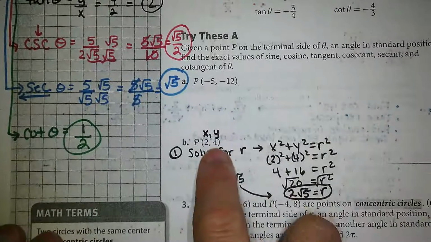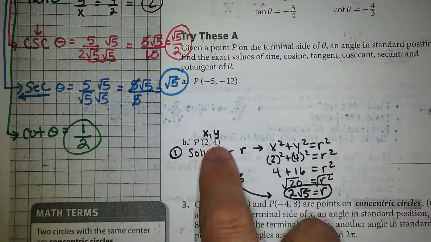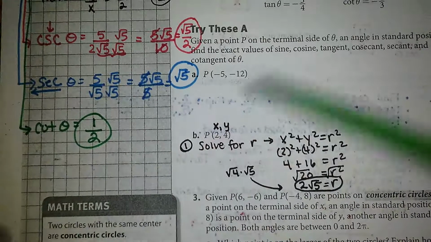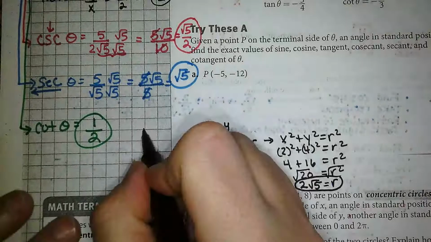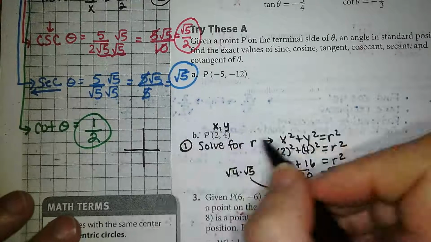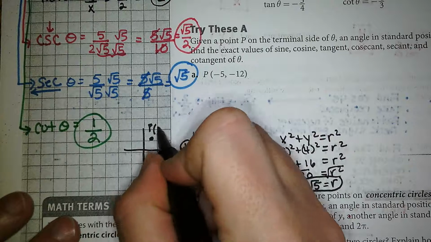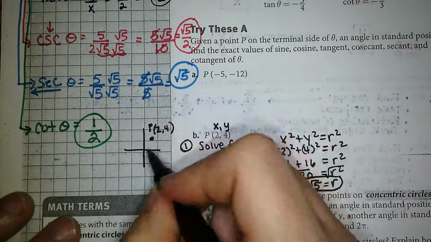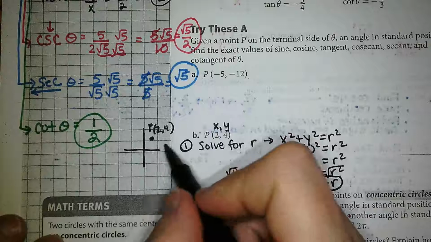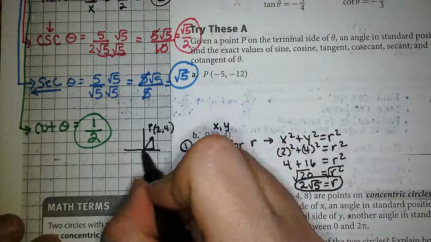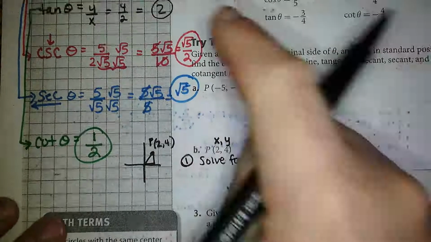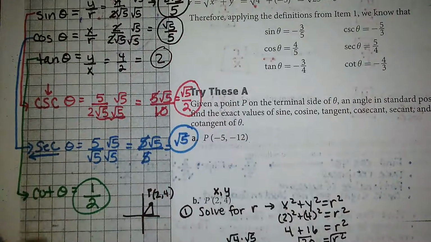Well, because they give us the coordinate. They give us the x and the y. And in this diagram, the point P at 2, 4 is a quadrant 1 angle. Quadrant 1 is all positive, so that's why all of these are positive.